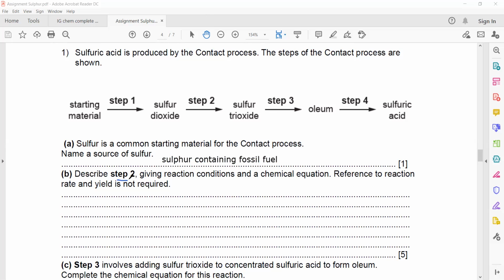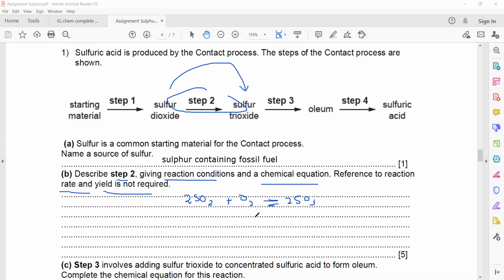Then describe step 2, give the reaction condition, a chemical equation, reference to the reaction rate, and yield is not required. So step 2 is a conversion of sulfur dioxide to sulfur trioxide. So the equation will be when 2 molecules of sulfur dioxide react with oxygen, this will result in a formation of sulfur trioxide.